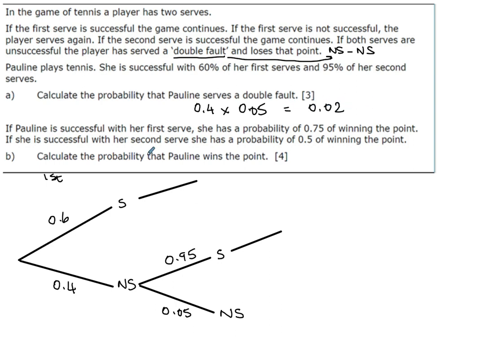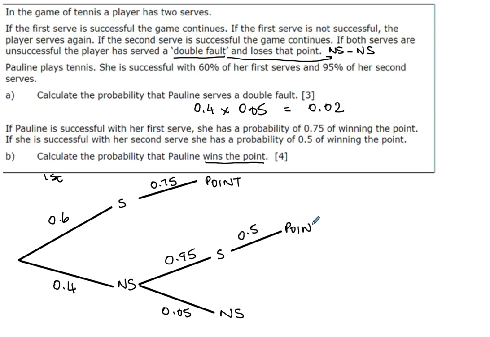If Pauline is successful with her first serve, she has a probability of 0.75 of winning the point. If she is successful with her second serve, then she has a probability of 0.5 of winning the point. Calculate the probability that Pauline wins the point. So 0.75 to get the point here, and here it's 0.5 to get the point.